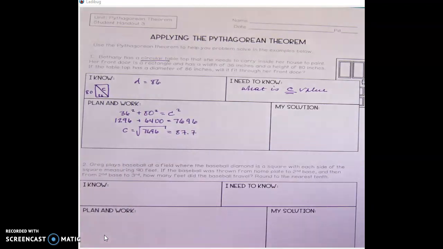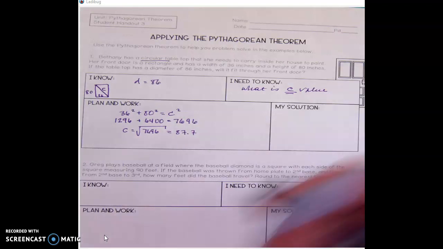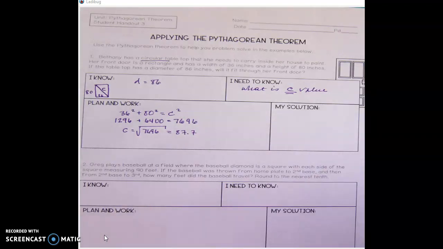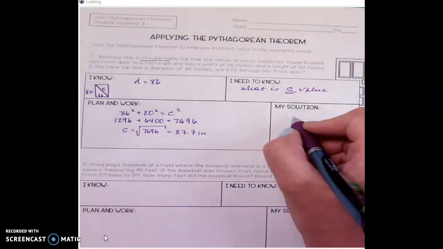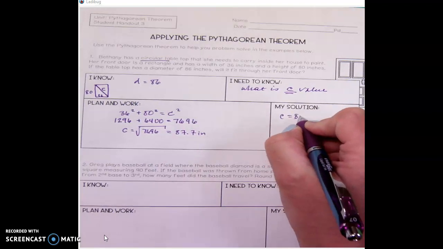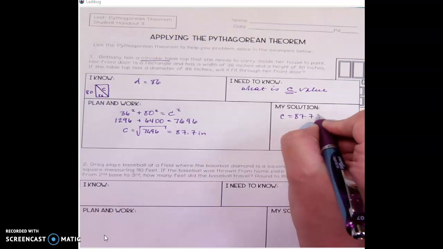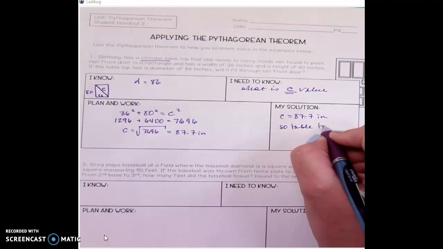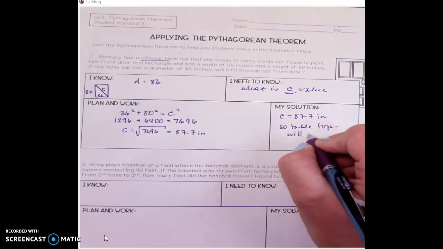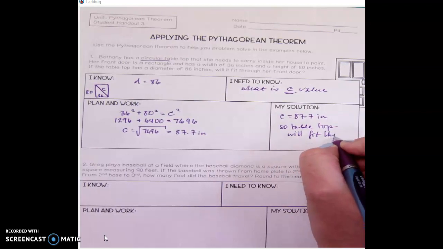This particular question does not give us rounding rules, but we have been rounding to the nearest tenth, so we will continue doing that. My solution: C equals 87.7 inches, so the table top will fit through.